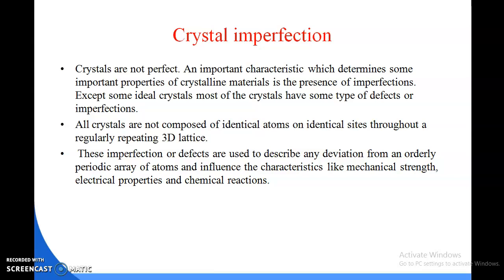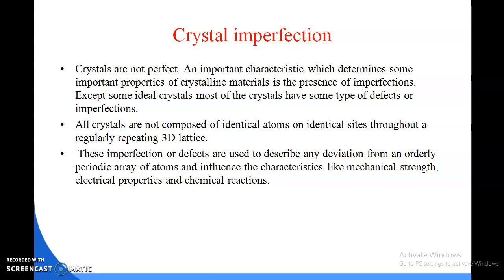Except some ideal crystals, most crystals have some type of defects or imperfections. Here imperfection means defect. The defect in the crystalline material is the same as the imperfection in the crystal material. So a crystal defect or imperfection is an irregularity in the regular geometrical arrangement of the atoms in a crystalline solid.